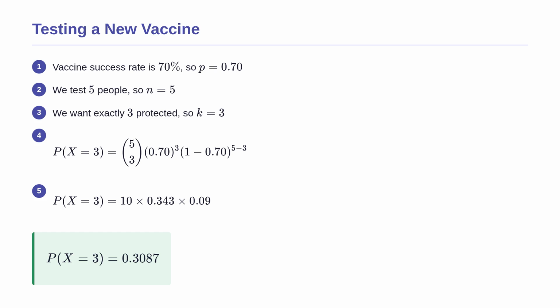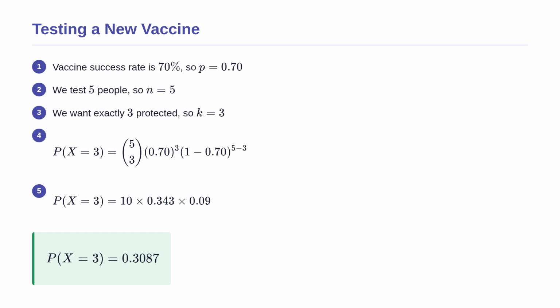Before we move on, let us see this formula in action with a concrete example. Suppose a new flu vaccine has a 70% chance of preventing infection. We give this vaccine to 5 different people, and we want to know the probability that exactly 3 of them are protected. We know our probability of success is 0.70, our total trials are 5, and our target successes are 3.